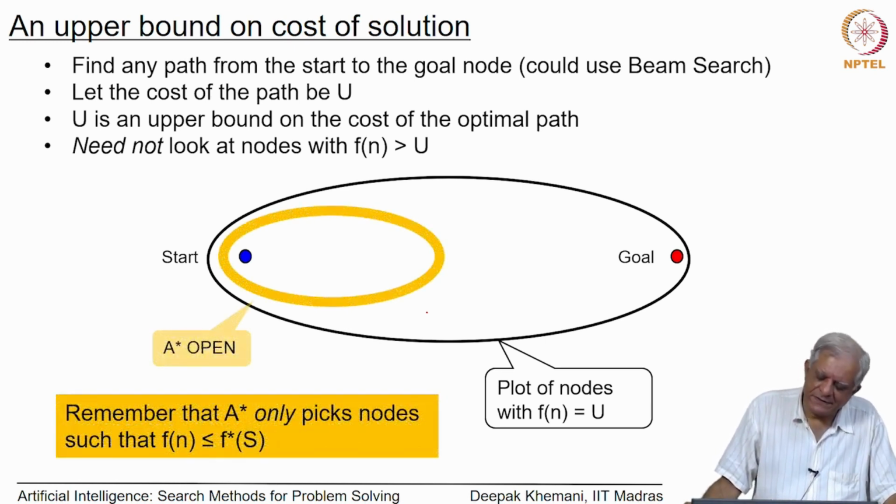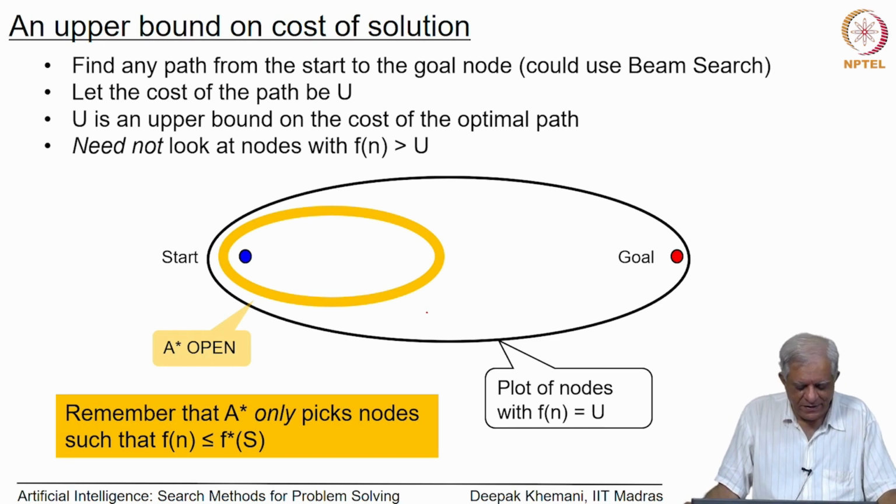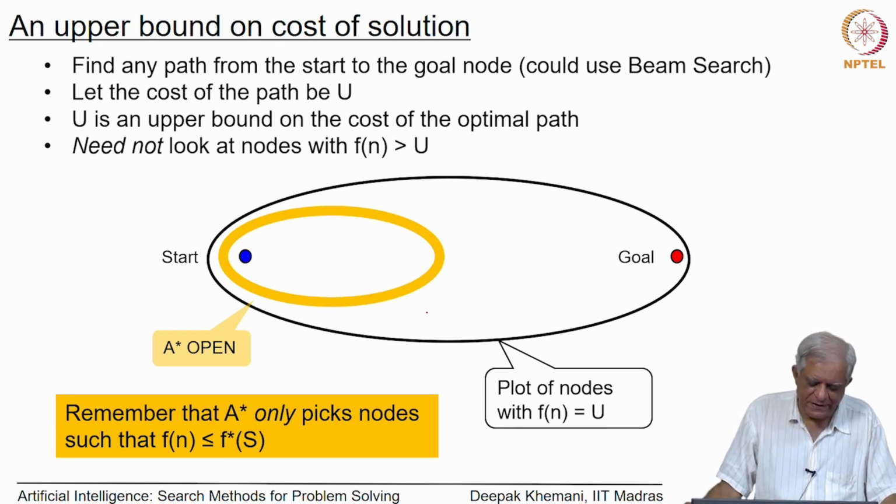Now, the open list of A star would typically look like this at some stage of the search algorithm, and you must remember that A star only picks nodes whose f value is less than or equal to the optimal cost path, and the optimal cost we have just argued is going to be less than u essentially.